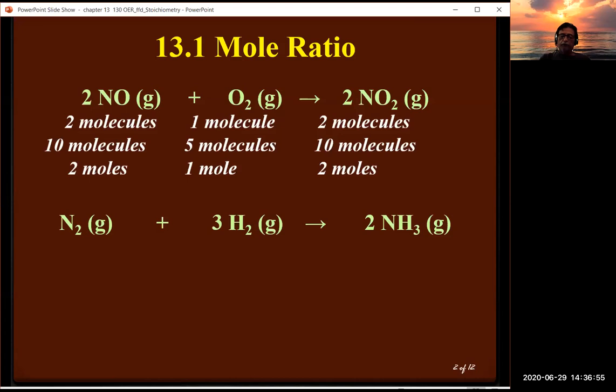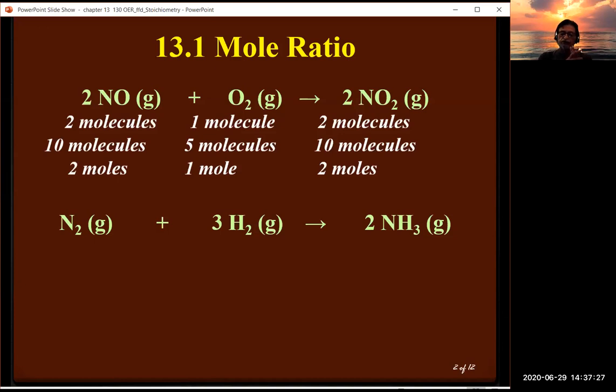Okay. If we were to use 10 molecules of NO, that means that I need 5 molecules of oxygen. And that means that I'm going to make 10 molecules of nitrogen dioxide. Now we could replace the term molecules and just say moles. Okay. So we say here that 2 moles of nitrogen monoxide and 1 mole of oxygen will give us 2 moles of nitrogen dioxide.